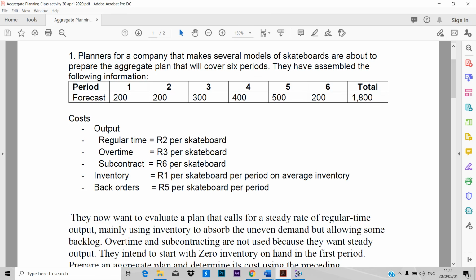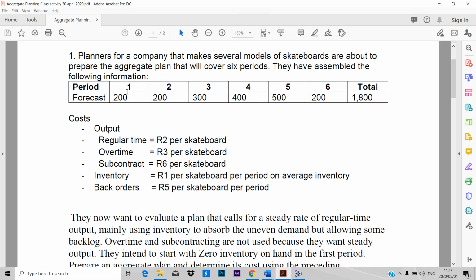so that we are able to be on the same level and to know how aggregate planning is applied practically in organizations. One of the examples that we did recently, not in the video but in the live session, was about a company that is manufacturing skateboards, and they have different forecasts for the first, second, third until the sixth period.